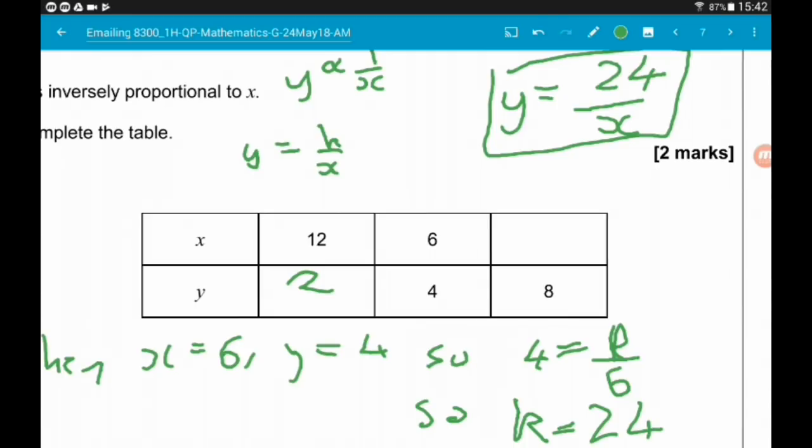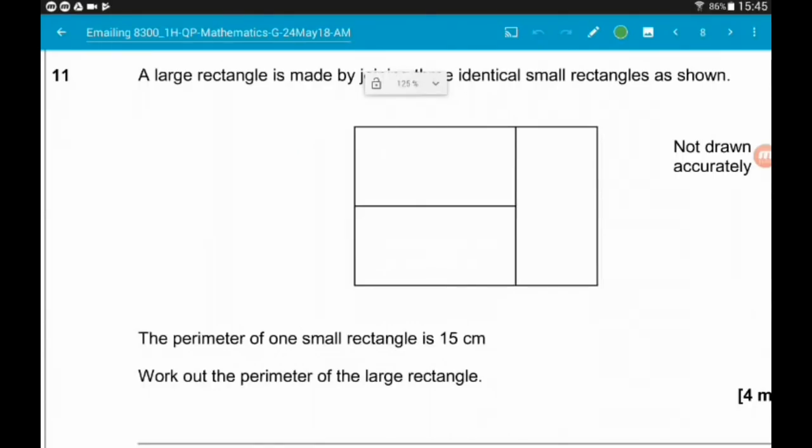And then on the flip side, when y is equal to 8, well, that's really then asking 24 divided by what number is equal to 8? It's 3. So if we check that, when x is 3, we get y is 24 divided by 3, which does indeed give us 8. Good time.